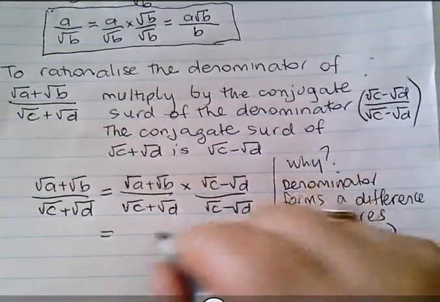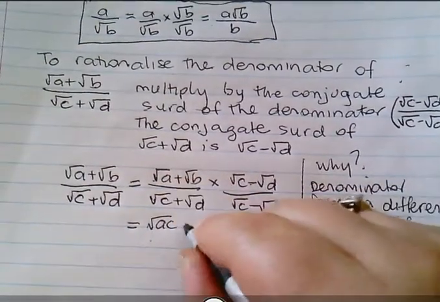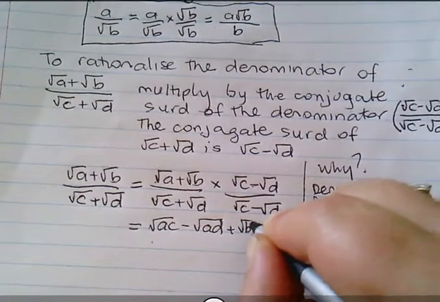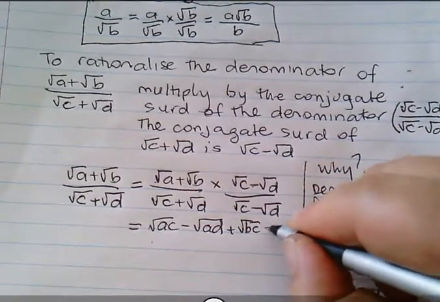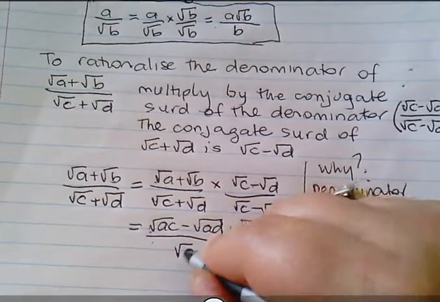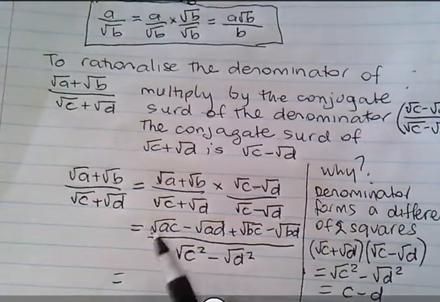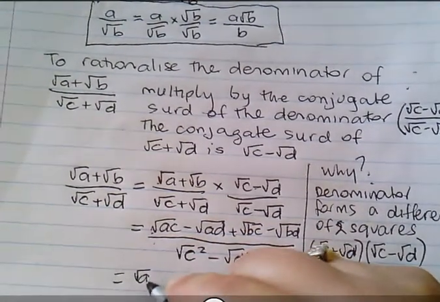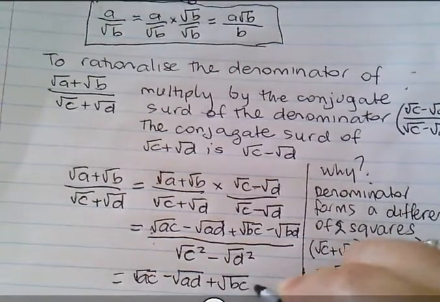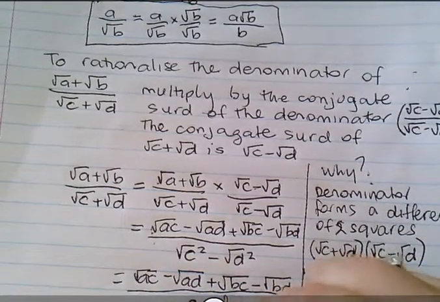So if I was to now expand this, I've got root a times root c, then I've got minus root a times root d, plus root b times root c, minus root b times root d, but over, as I did before, root c squared minus root d squared. Which is that numerator. Sorry, I don't really want to write it out so many times. So it's the actual original numerator over c minus d.